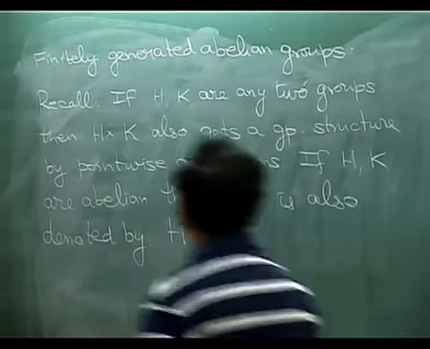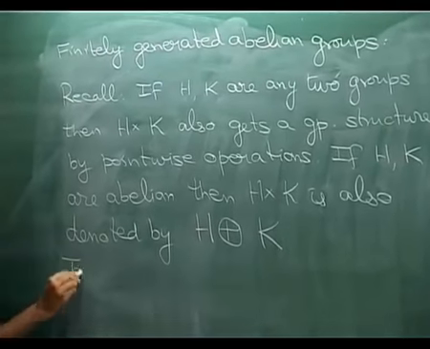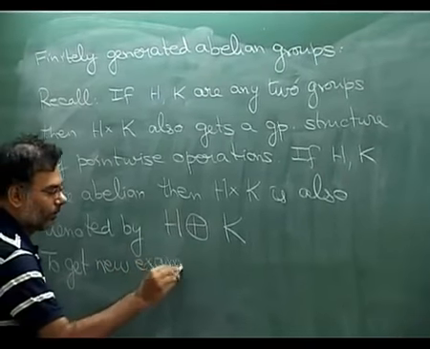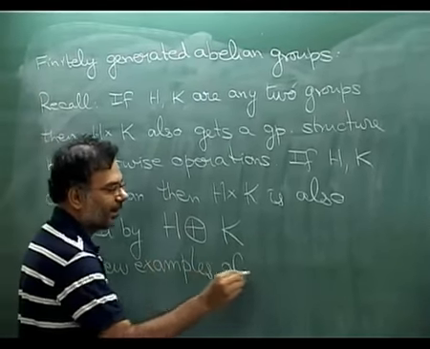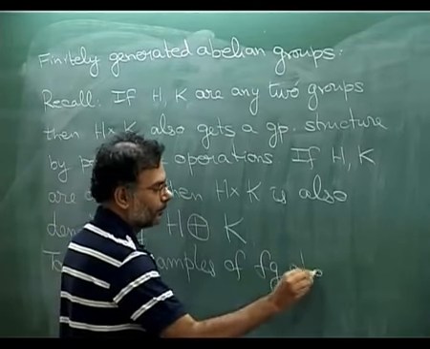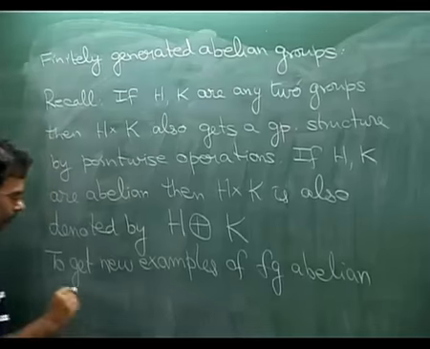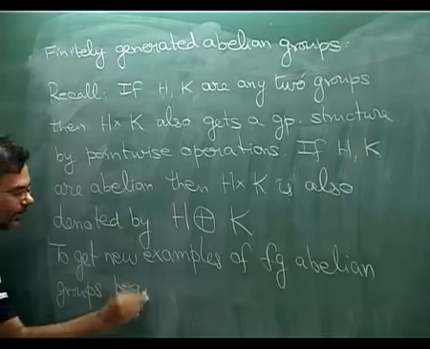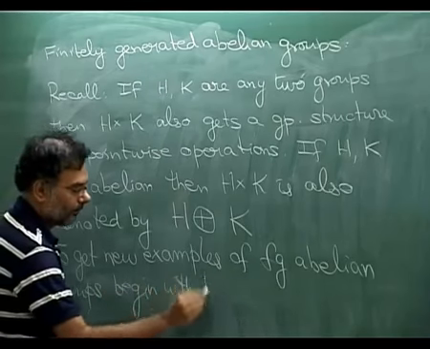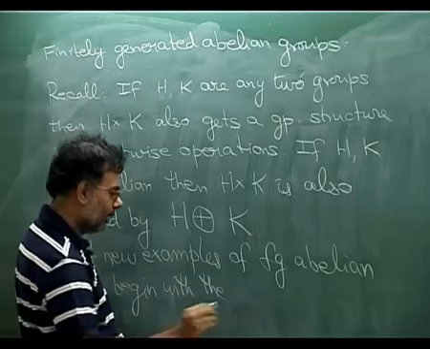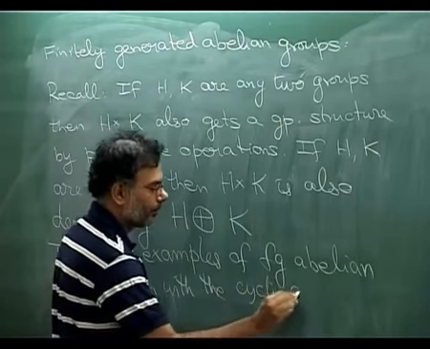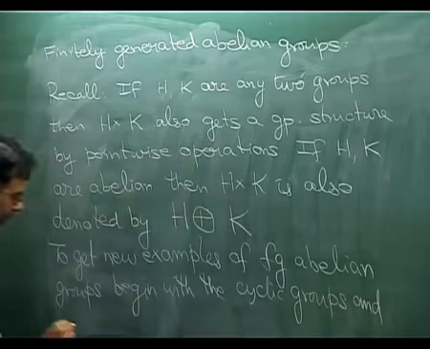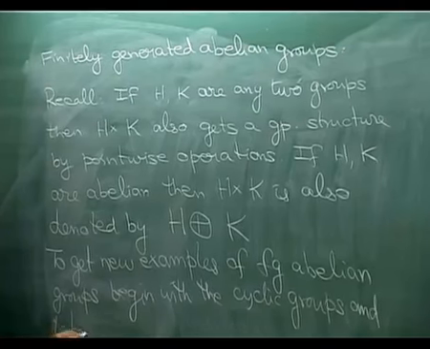So to get new examples of finitely generated abelian groups, begin with the cyclic groups, two kinds, the finite one and the infinite one, and take direct sums, or what's the same, products.